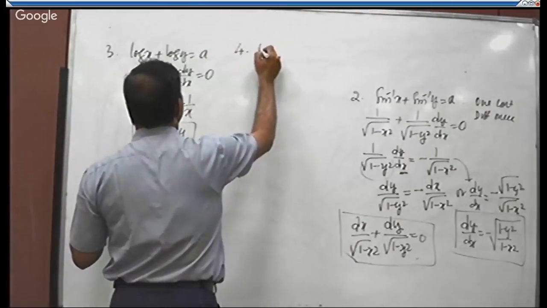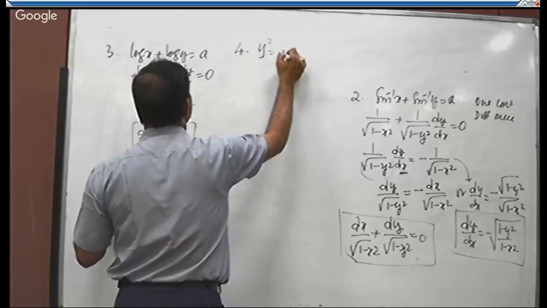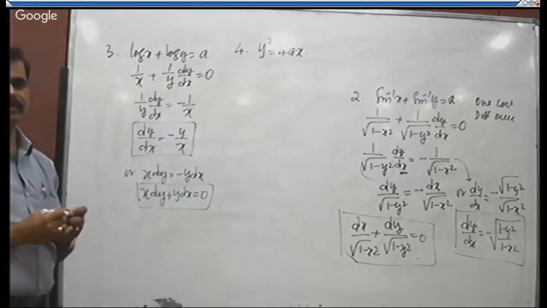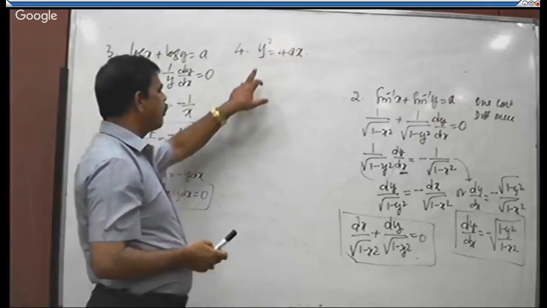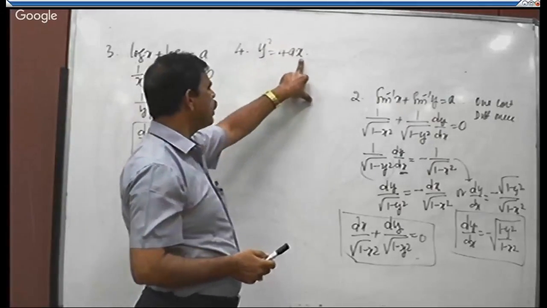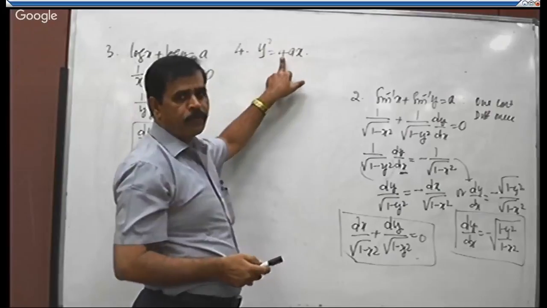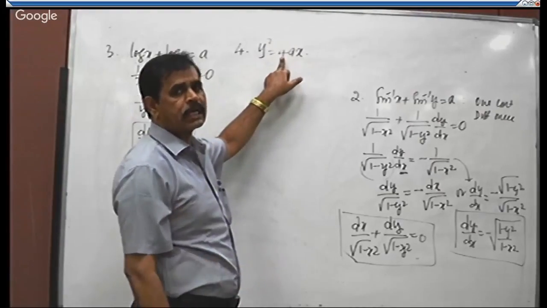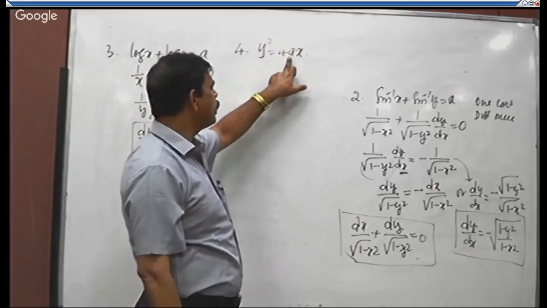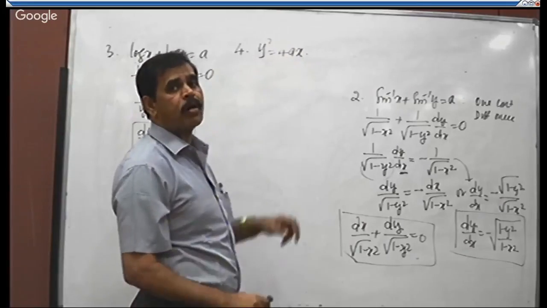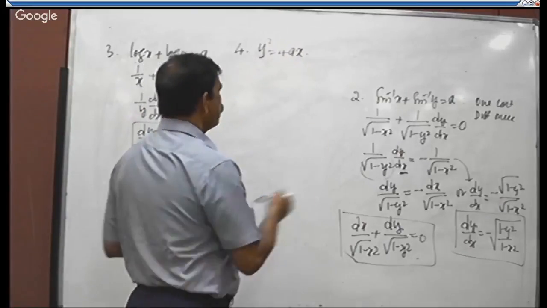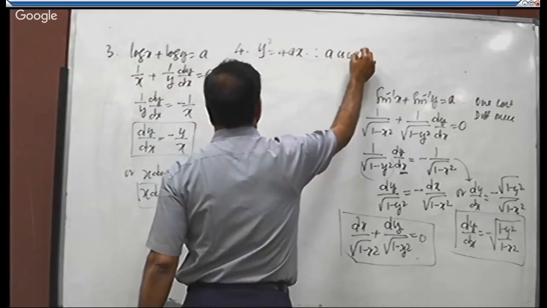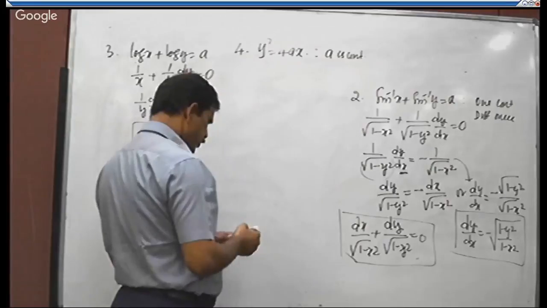Fourth one, y square is equal to 4ax. How many constants are there? Y square is equal to 4ax. 4 is an absolute constant. Don't consider it as a constant, right? Only a is considered as an arbitrary constant. How many constants are there? A is constant. Then how many times do you have to differentiate it?